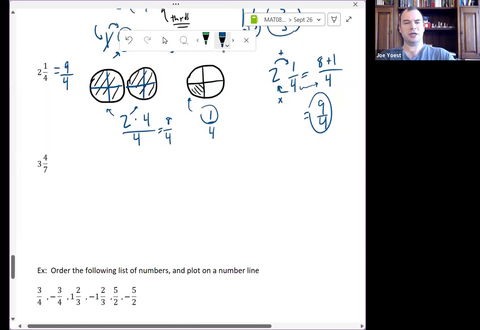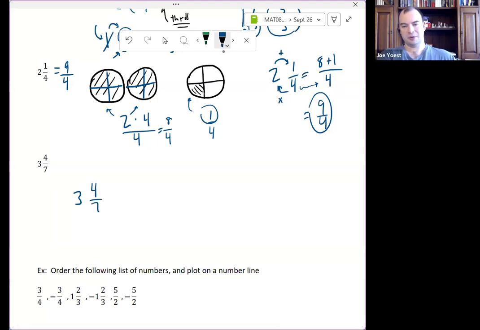So if I have 3 4/7, I'd rather not draw this out. That's a lot of drawing and slicing and all that. But the same model works. What does 3 4/7 turn into as an improper fraction? I multiply denominator times whole number. This is saying for each of these 3 whole pizzas, I want to cut them into 7 equal slices for each of those.